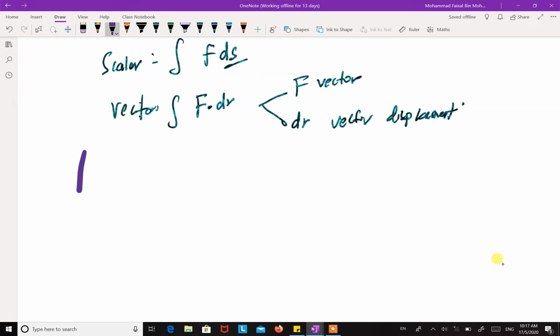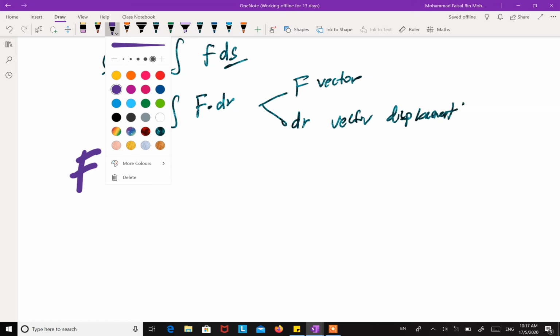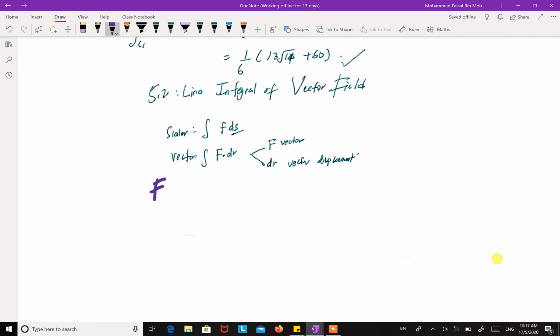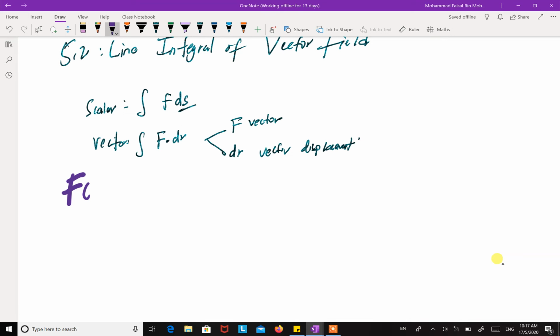So let F(x, y, z) equal f1 as a function of x, y, z i plus f2 as a function of x, y, z j plus f3 k.